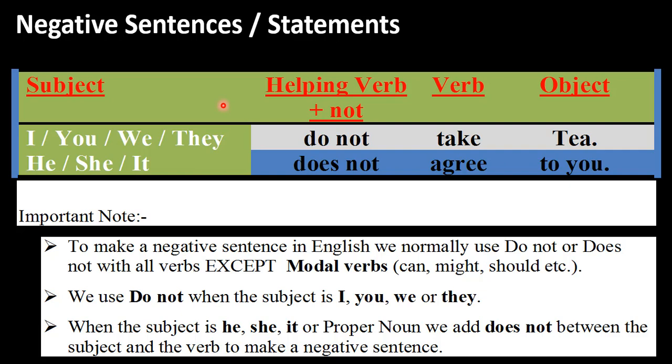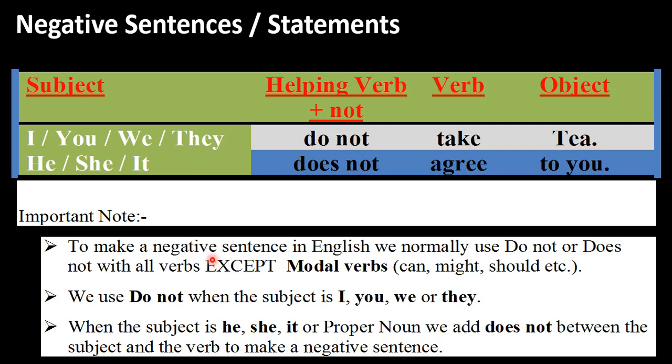We only use these helping verbs in negative sentences and interrogative sentences. If the subject is I, you, we, they, we use do with not and then the verb. And if there is he, she, it, we use does with not and then verb and then object.